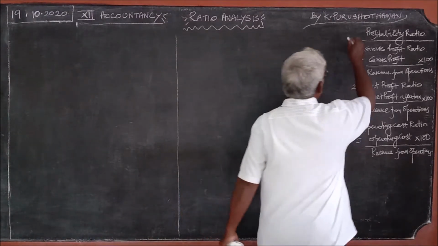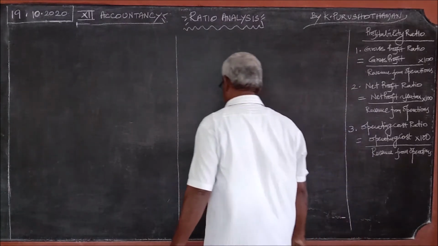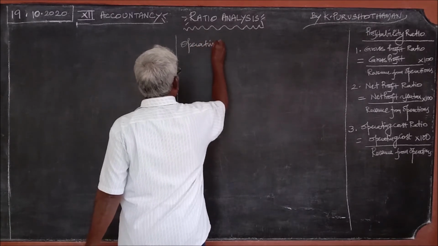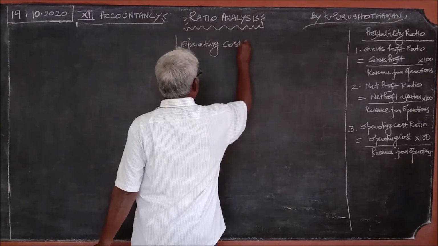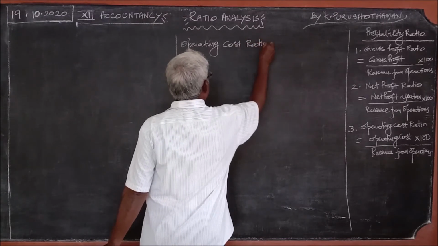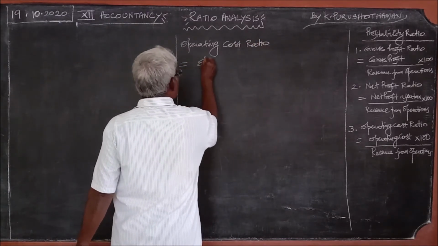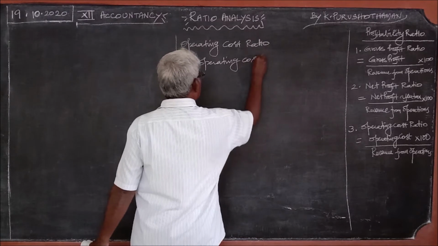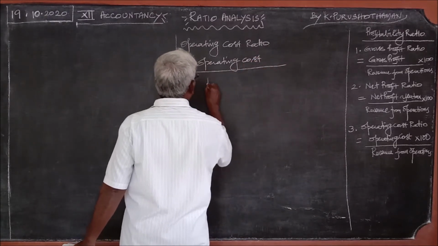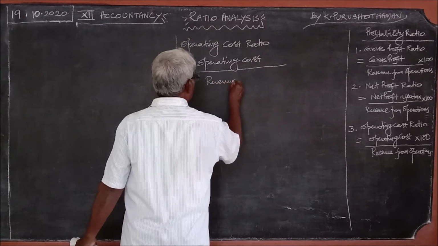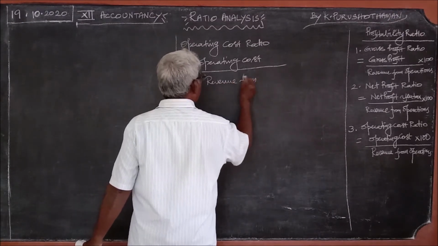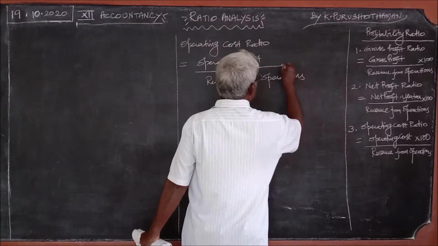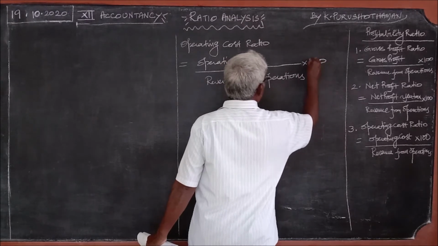Operating cost ratio is equal to operating cost divided by revenue from operations into 100.